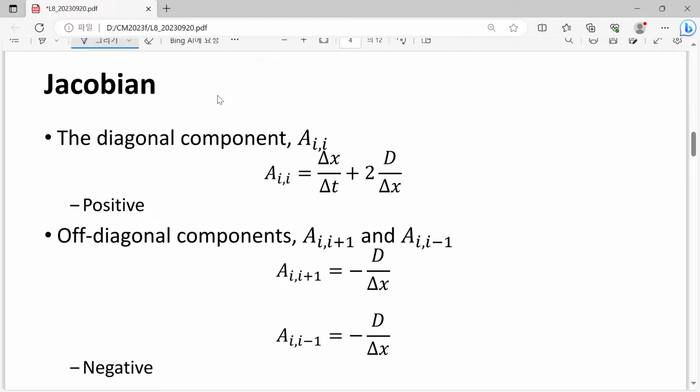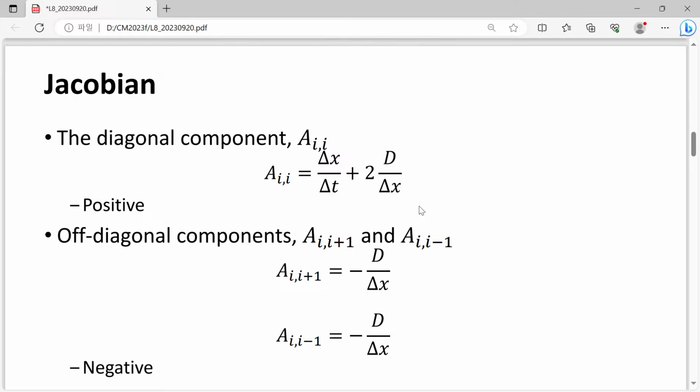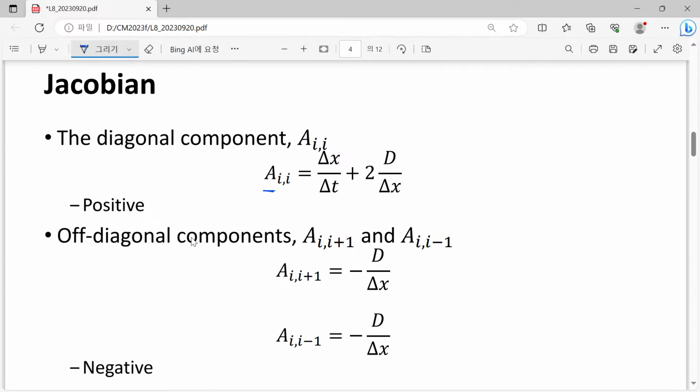And actually you will find that although this A matrix is our Jacobian matrix, this Jacobian matrix is identical to the matrix we have used for our C vector. This is once again because we are considering the linear system.